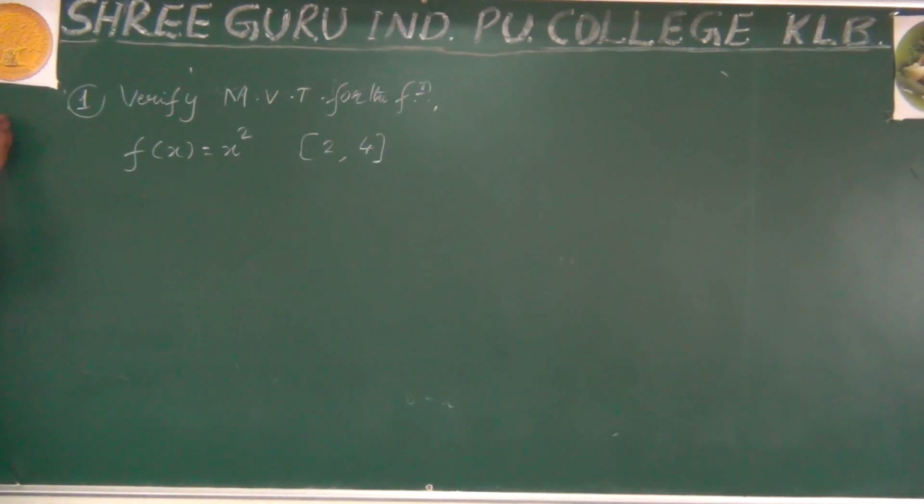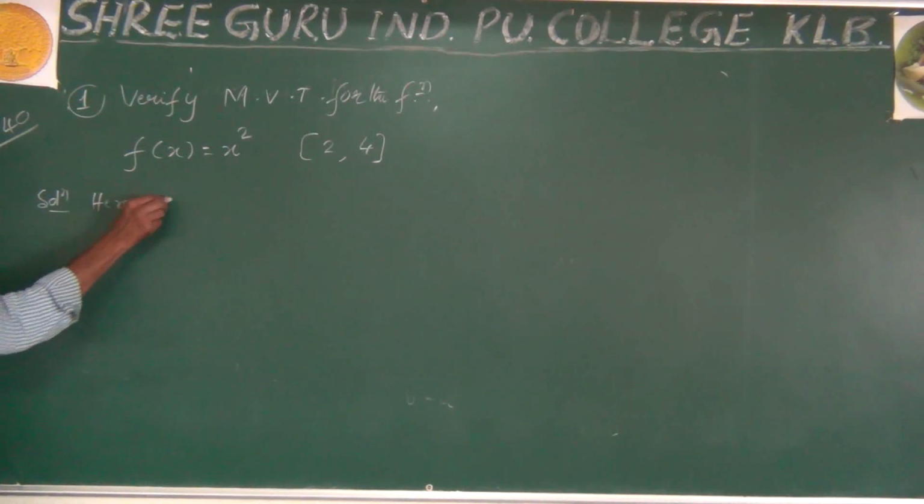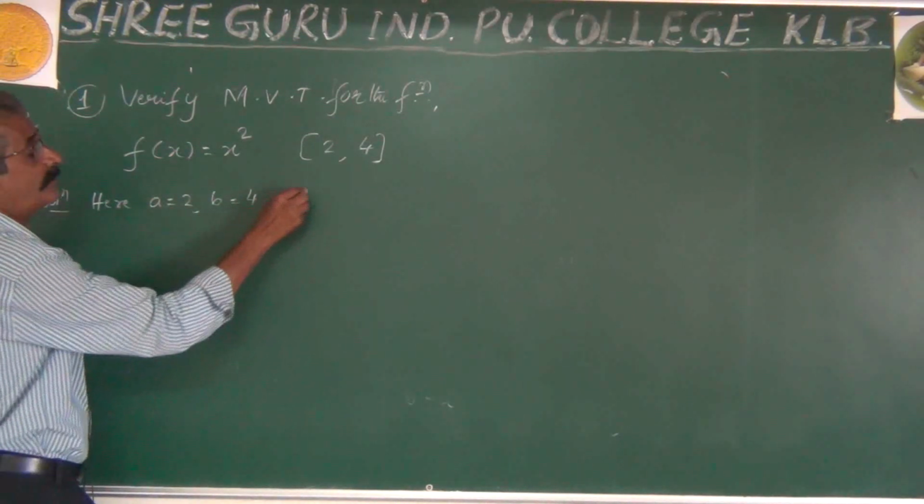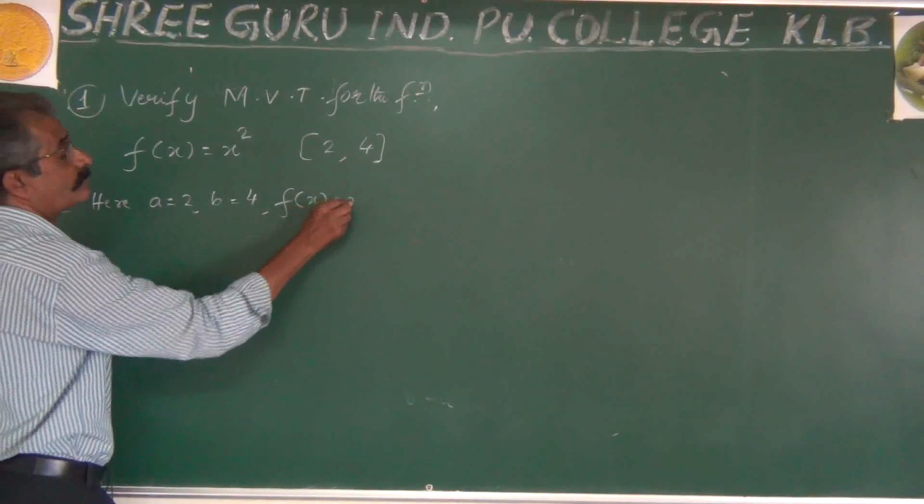Write the solution. Here a is 2, b is 4, and f of x is defined as x square.